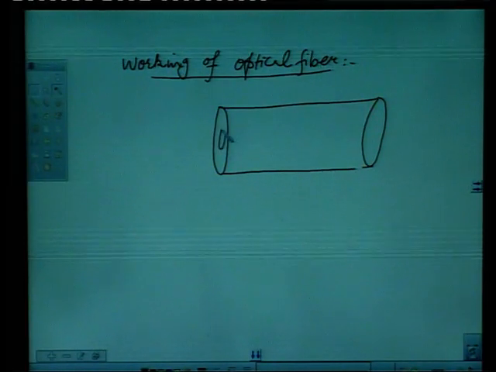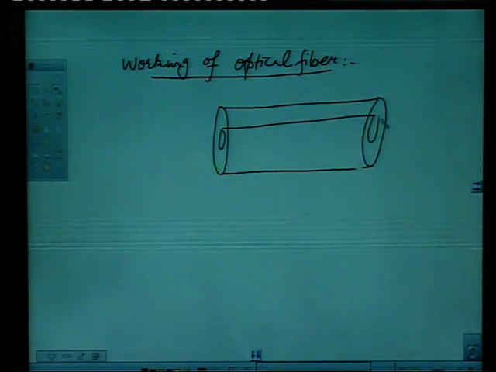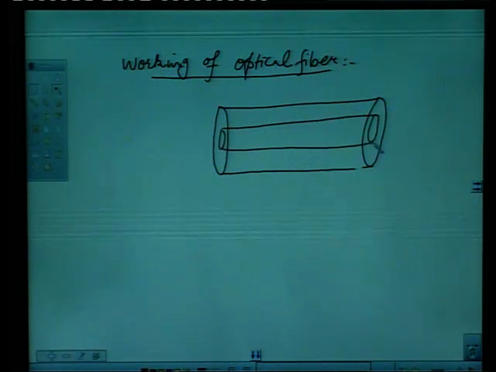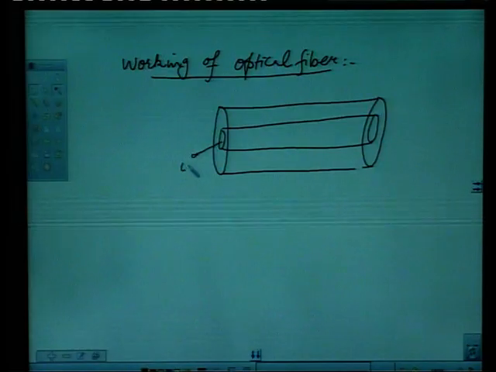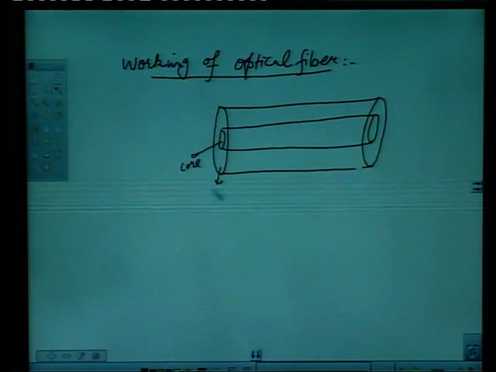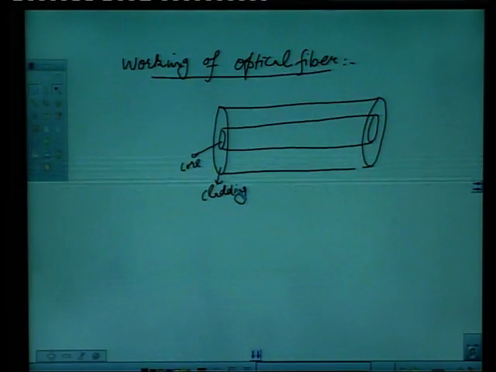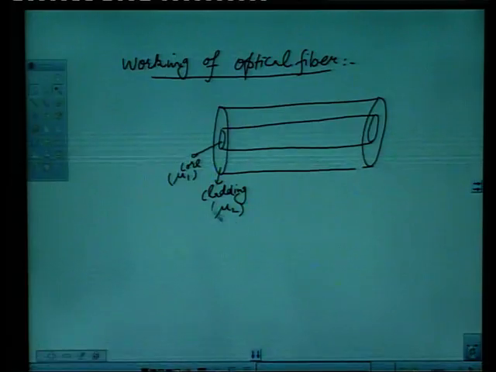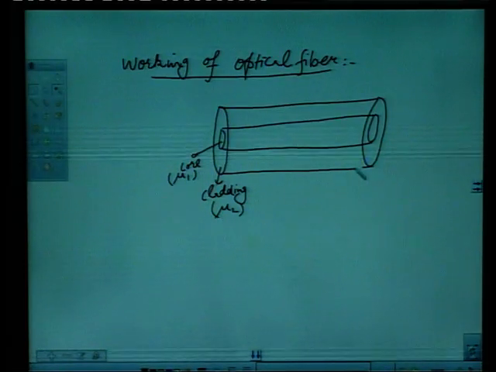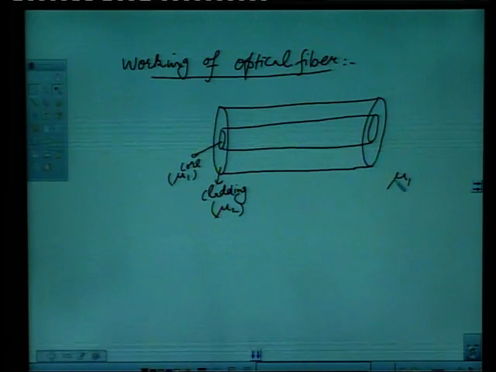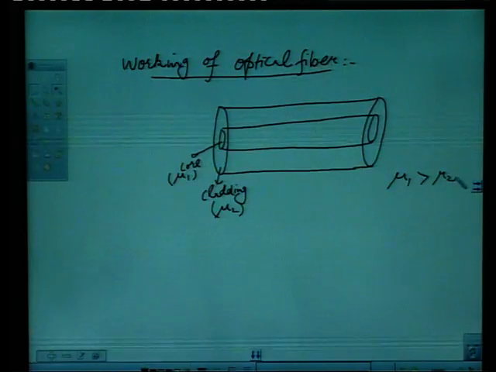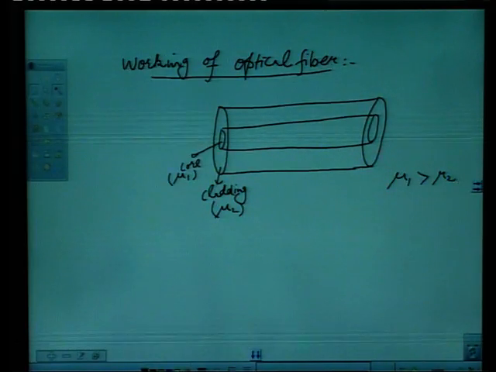It has two layers. This is the core and the outer one is the cladding. The refractive index of the core is mu1 and the cladding has a refractive index mu2, and the condition is that mu1 should be greater than mu2 for total internal reflection.